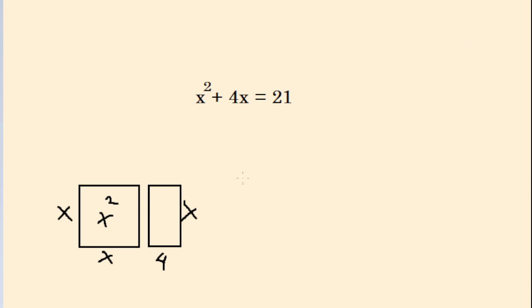And there is a way actually. If you look at this, you think, okay, I can divide this in half. This is 4x. So each side becomes 2, 2. Like that.